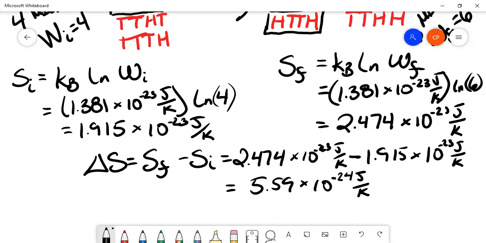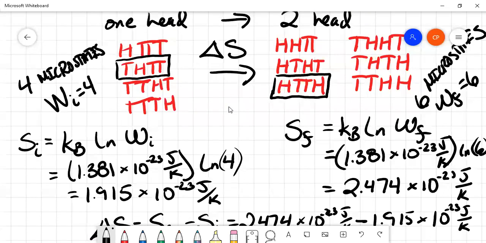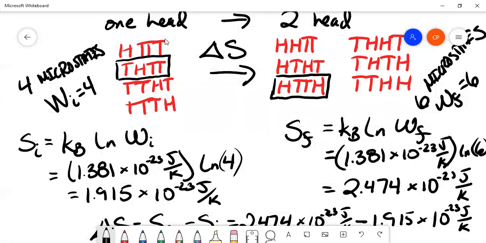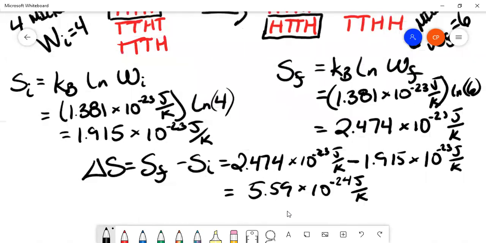The useful thing that it says is that when I transition from a lower entropy state to a higher entropy state, I must be increasing in entropy. And I'd like to have something that quantifies that increase in entropy. And this relationship does that.